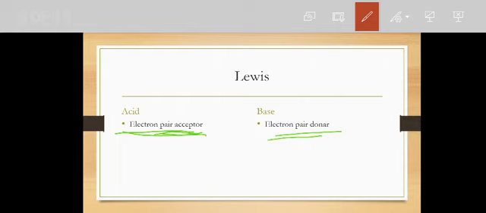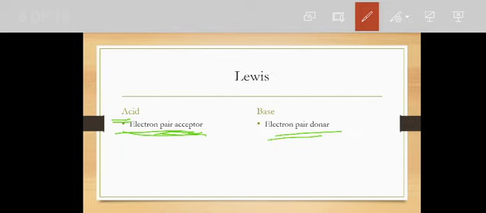It is seeking electrons, or we can say it tries to gain electrons. That's why it is electron deficient and requires electrons. That's why an electron pair acceptor is an acid. Always remember, an acid is an electron deficient species, and a base is an electron rich species.